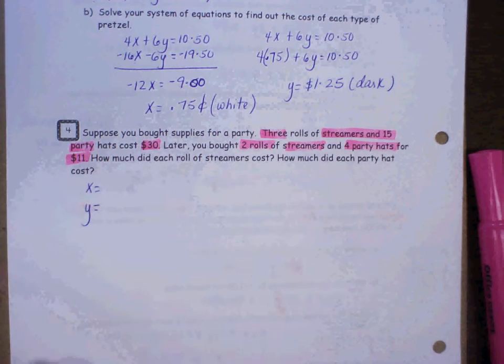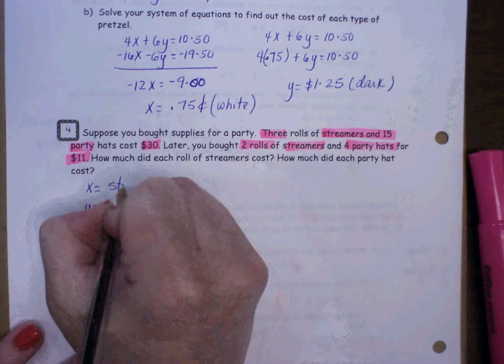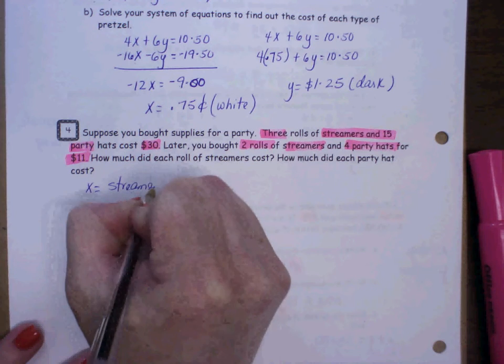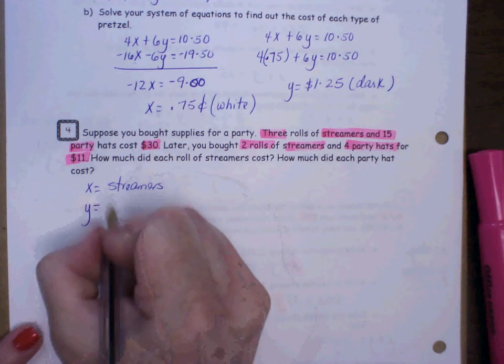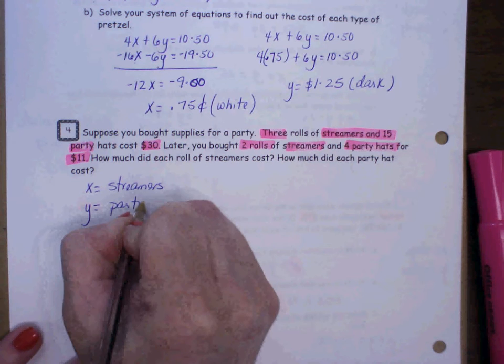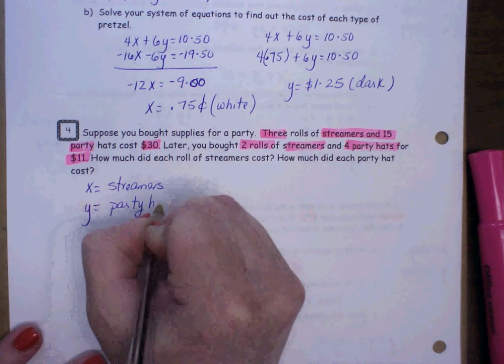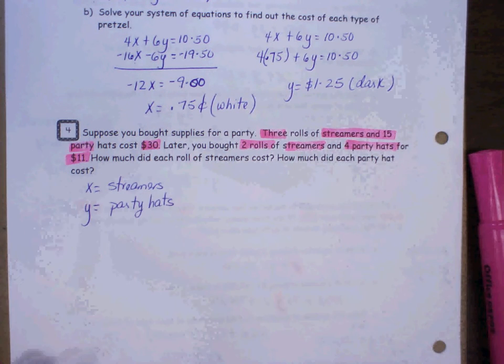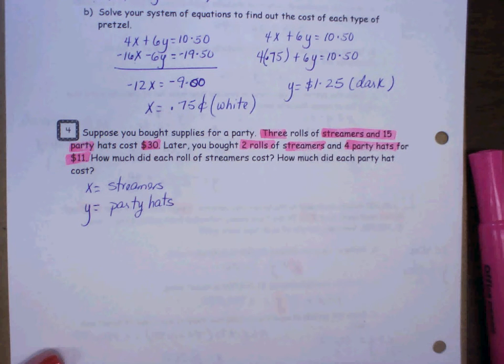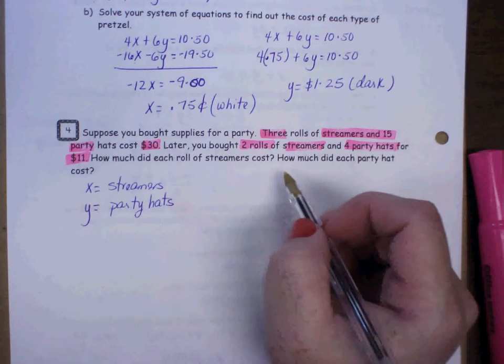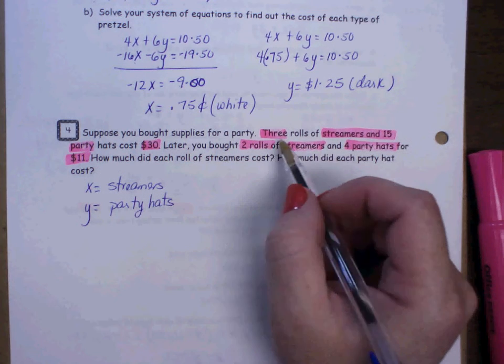So x equals streamers and y equals party hats. Alright, so first equation. Three rolls of streamers.